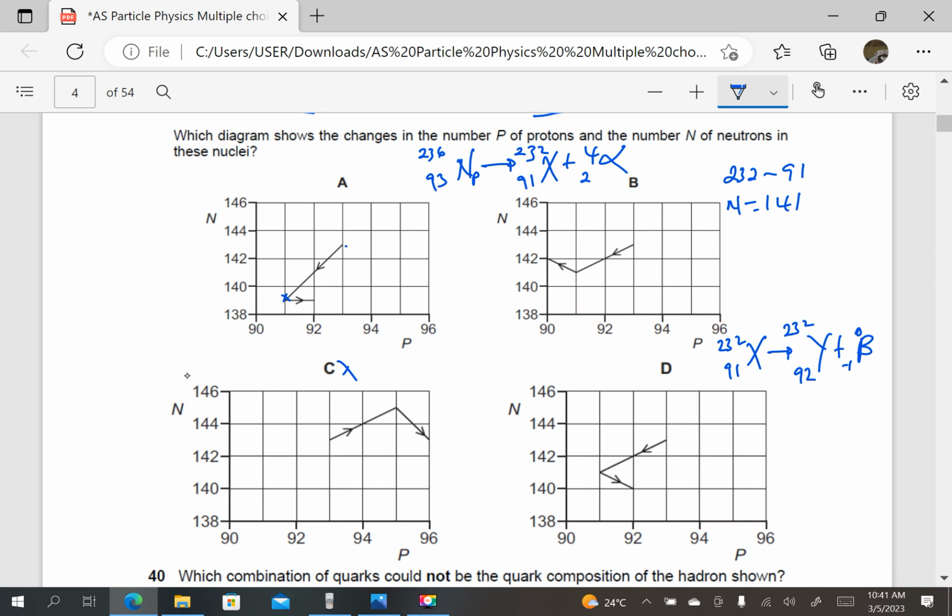That means we have already eliminated B, because in B the proton number goes to 90. So the answer is going to be D, because D shows when it emits alpha, it first goes to 141 neutron number and 91 proton number, then it goes to 92. So the answer is D.